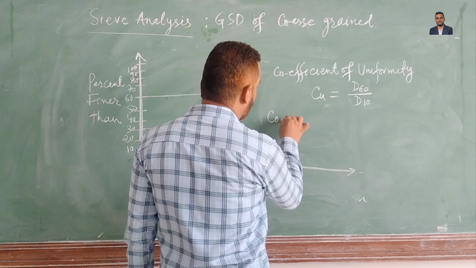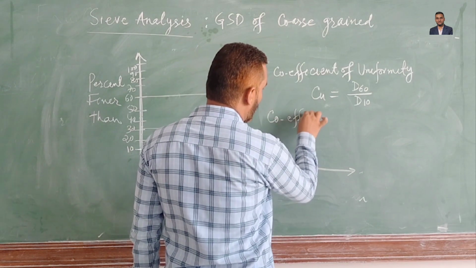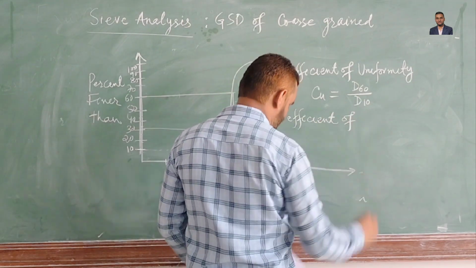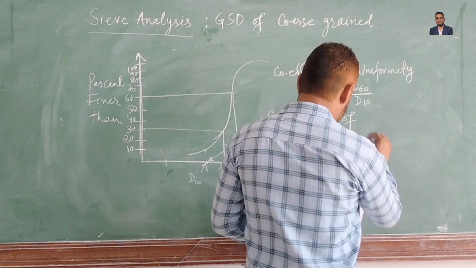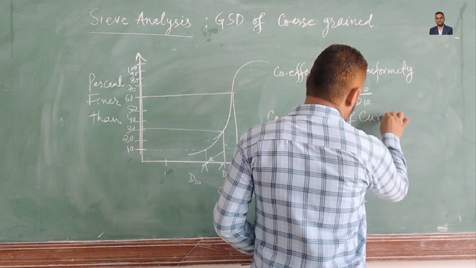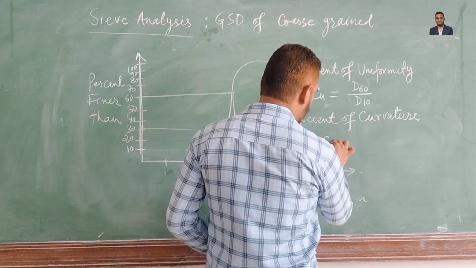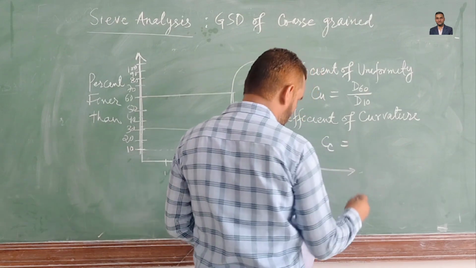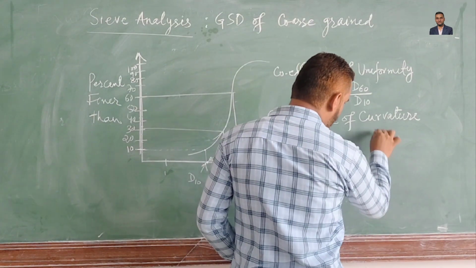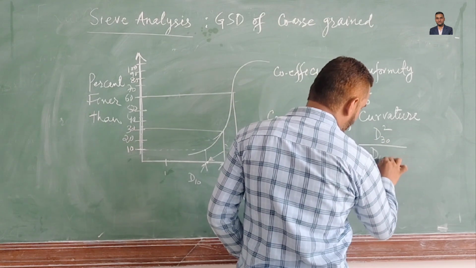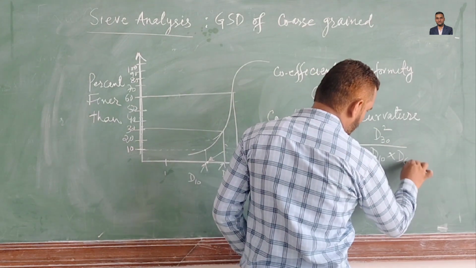Another shape parameter that is often used is the coefficient of curvature Cc, and Cc is defined as D30 square divided by D10 into D60.